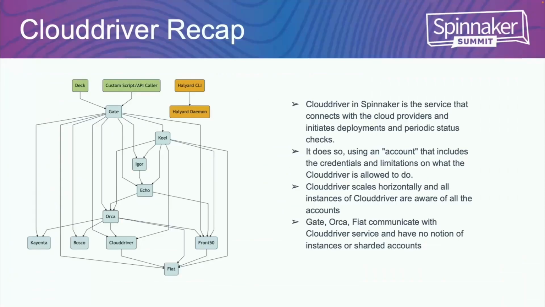Just to give a recap on Cloud Driver and what the issues are. Cloud Driver is essentially the Spinnaker service that connects to cloud providers and deploys, as well as gets the state from the cloud providers. And it has this account model which has RBAC on top. So who can deploy to those accounts or who can view data from those accounts is specified on top of the accounts for these Cloud Drivers.